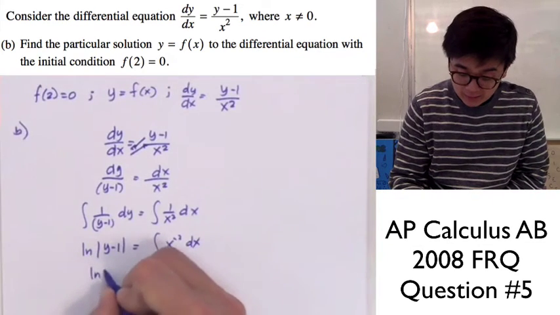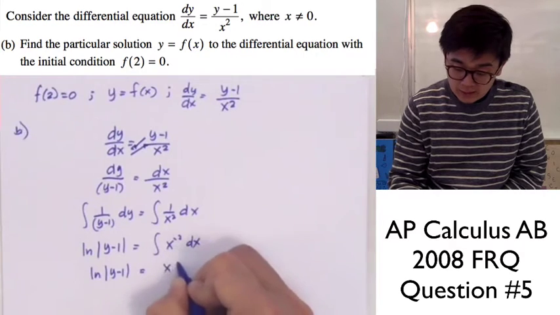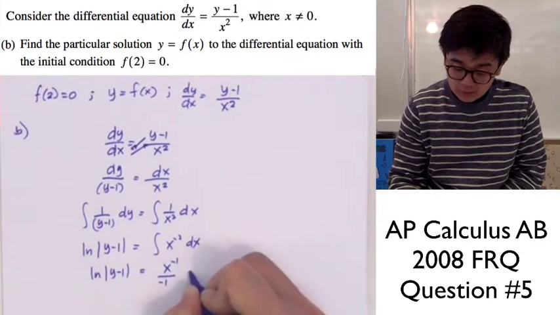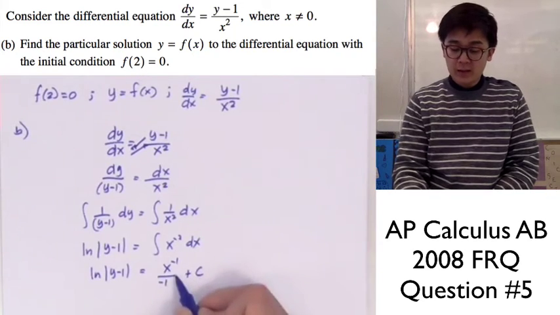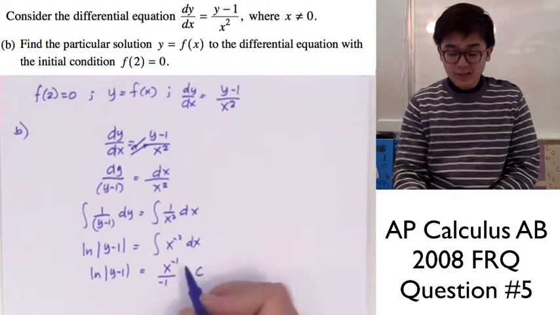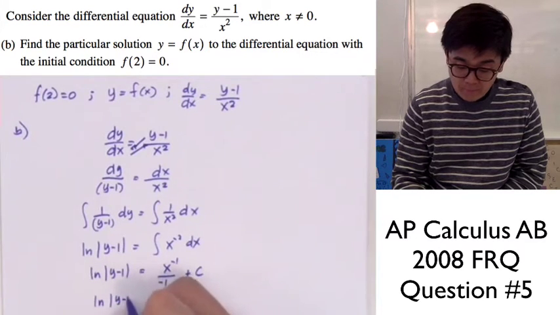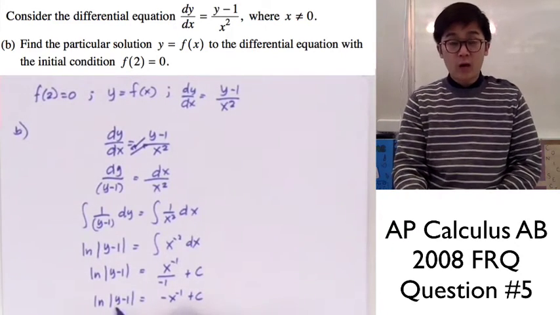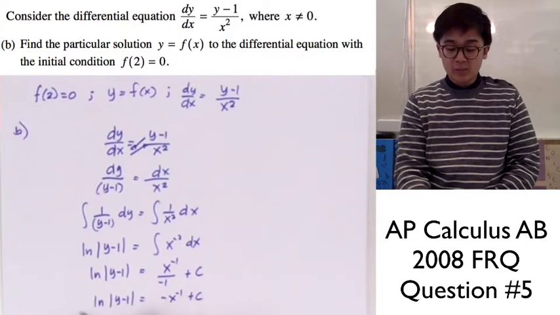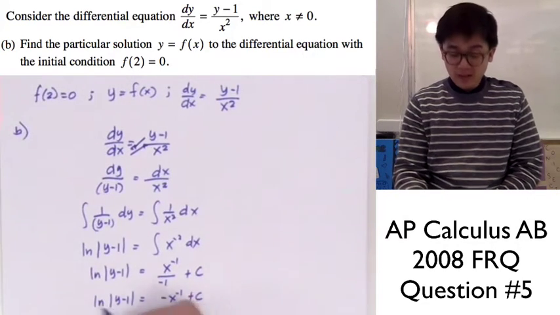So we have ln of y minus 1 equal to x to the negative 1 all over negative 1 plus c. We can rewrite that so it will become a little bit easier to solve. We'll have negative x to the negative 1 plus c. So to have y by itself, we can raise both sides to e, so we can get rid of ln.